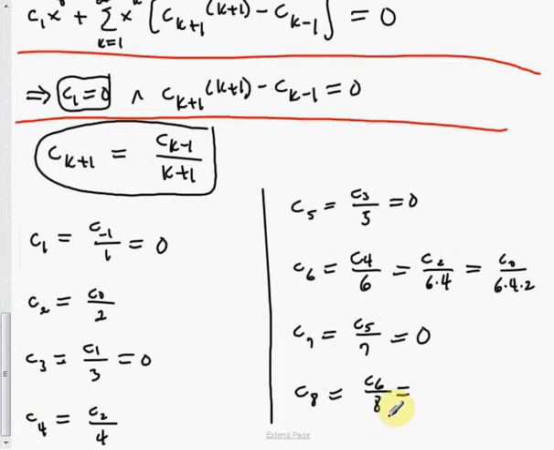And so this c sub 8 is the c sub 6, which is the c naught, and that's 8 times 6 times 4 times 2. Okay. So now let's see if we can put that information together and form the solution.